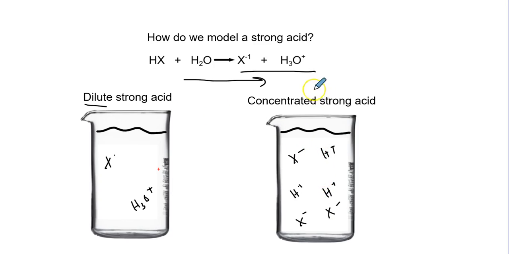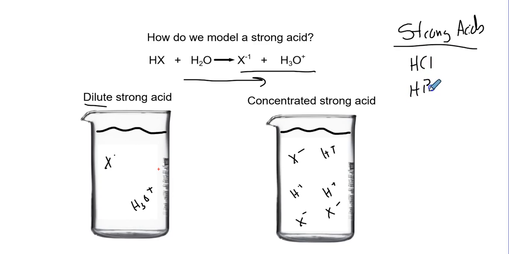Now, one thing I mentioned, the algorithm I just mentioned only works for strong acids. How do we know what the strong acids are? I'll mention this again later. Strong acids: HCl, HBr, HI, HNO3, H2SO4, and HClO4.